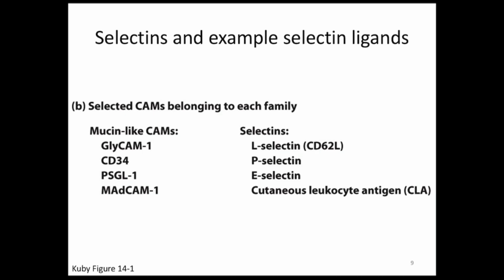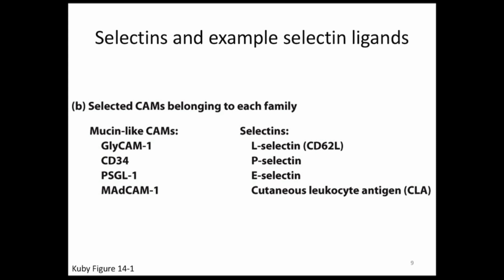It sticks and comes off, sticks and comes off. And so the cell is basically sticking and coming off the selectins. It's still getting pushed by the blood, but it's going slower now because it's doing this stick, come off, stick, come off of this low affinity Velcro interaction with the selectin.